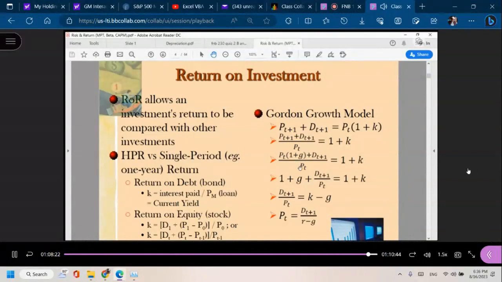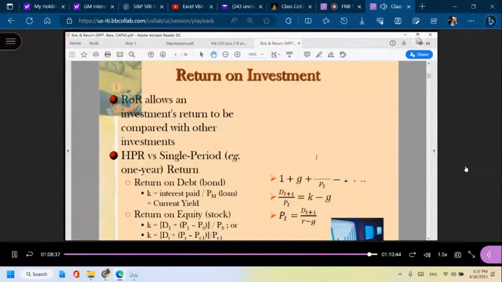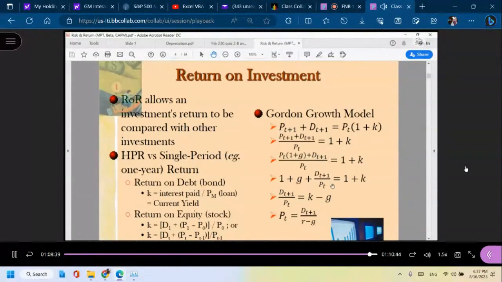And Pt and Pt will cancel out, so it becomes 1. Pt times g over Pt, Pt and Pt will cancel out, just becomes g. This cannot cancel because it's Dt plus 1 over Pt.